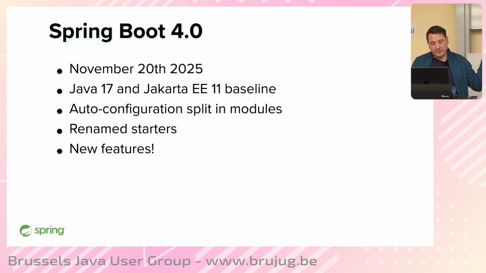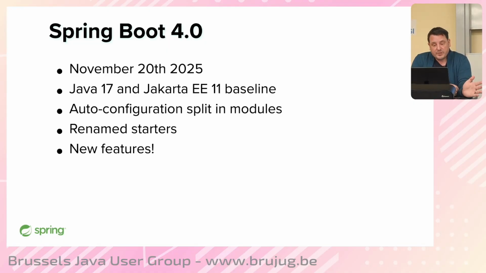In the recent past, 17, 21, and 25 are LTS releases, and 25 is the latest one. You can also use Java 25 with Spring Boot 3 if you want to. Both versions support 17 to 25. Spring Boot 4 will support more than that, obviously, since we've barely started that generation.